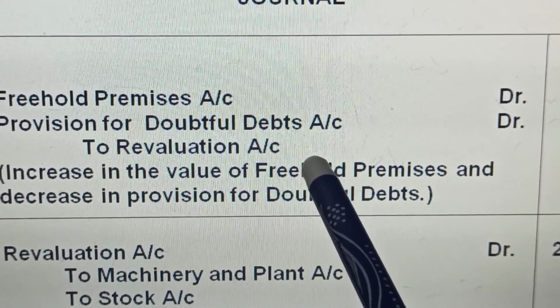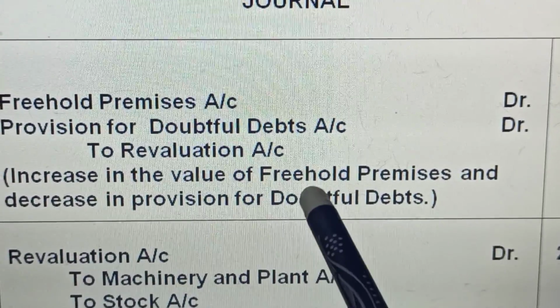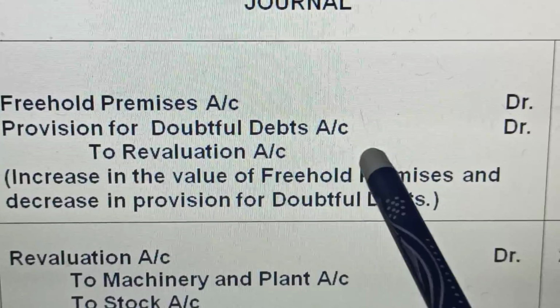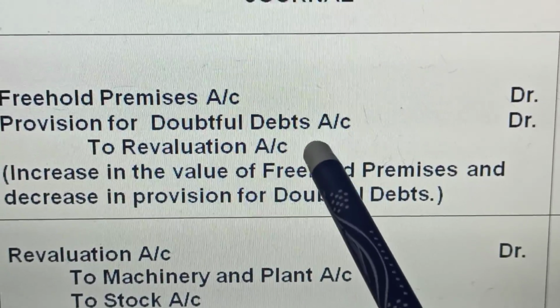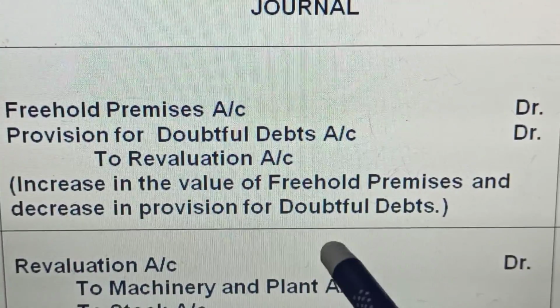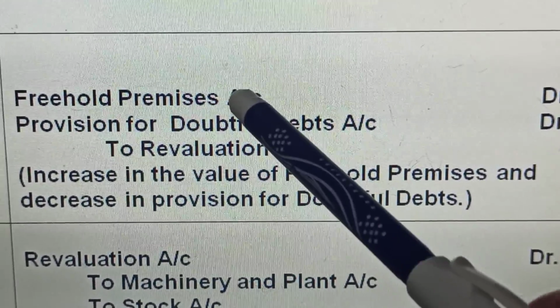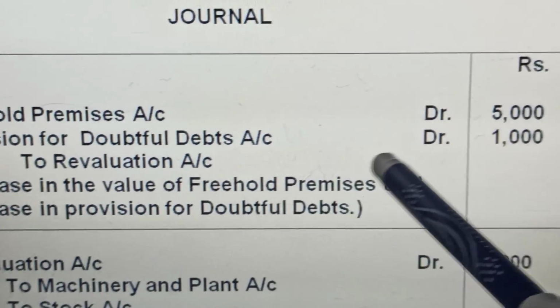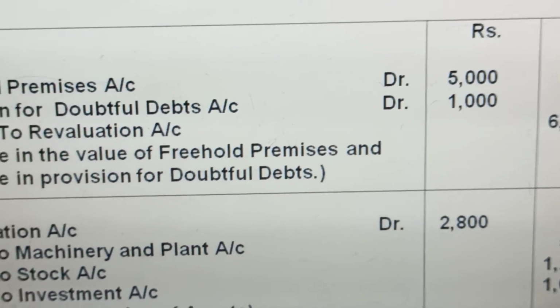Whenever the items come on the debit side, it is revaluation account to those things. So freehold premises, provision for doubtful debts to revaluation with the respective amounts.